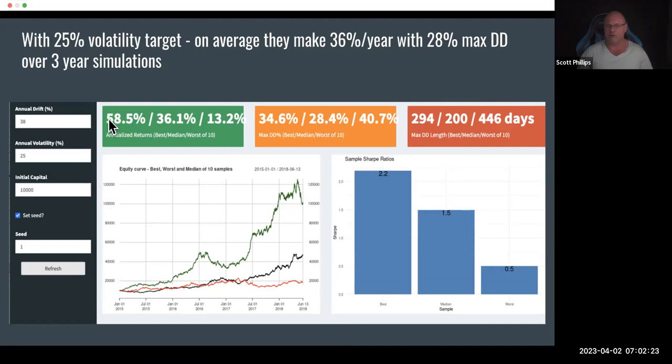If you're lucky, that goes up to 58.5% a year. That's amazing. But even then, look at this big drawdown. And your unlucky result, 13.2% a year. Well, that would kind of hurt. That would hurt my feelings. So these are the range: top 10%, bottom 10%, average.